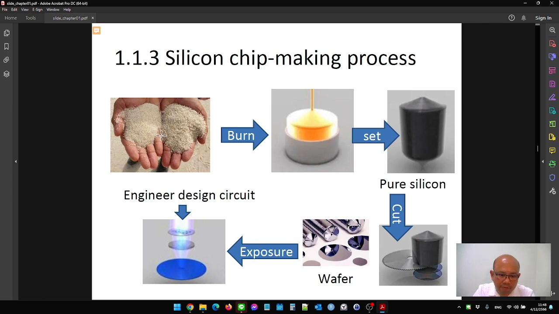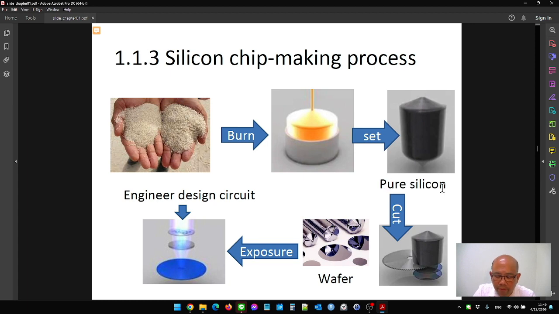After the sand is burned, they melt it, and the sand becomes like a liquid until it sets into a solid. That is the change from sea sand to silicon, called pure silicon.